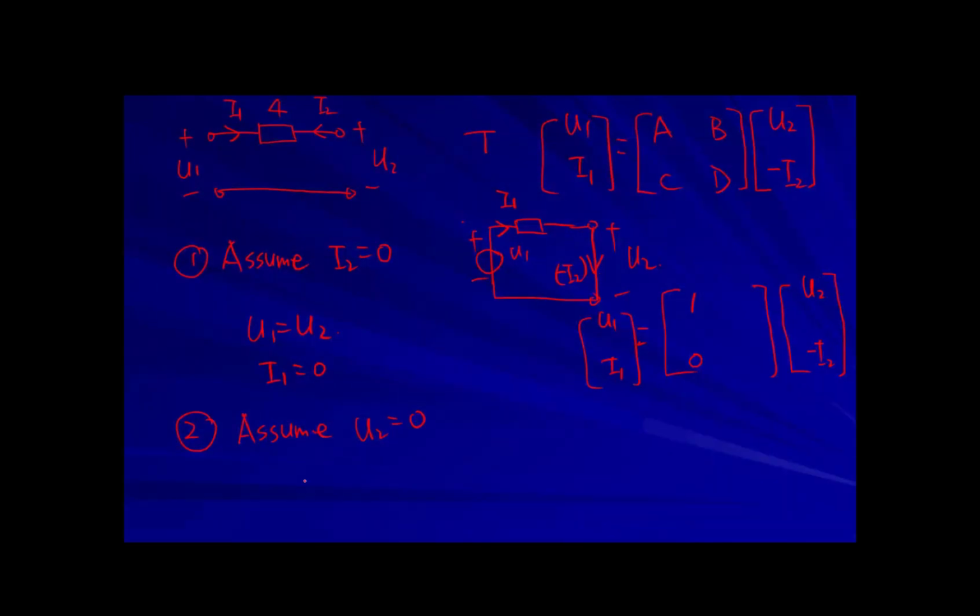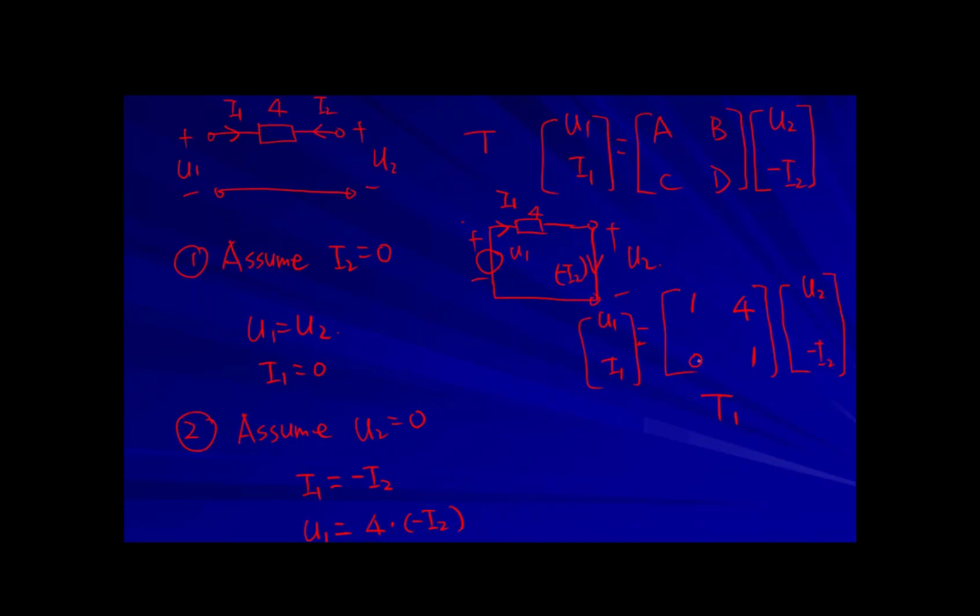So I1 will equal minus I2, which means this position will be 1. And U1 will equal this 4 ohm times minus I2, so this position will be 4. This is how we write the T1.